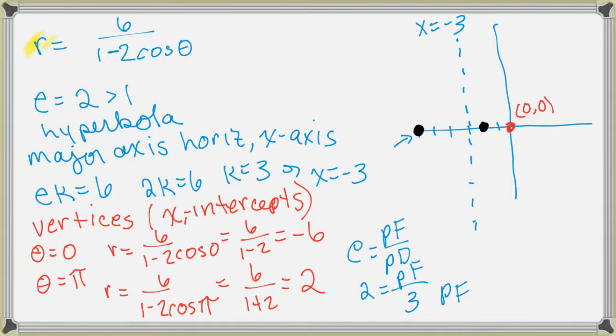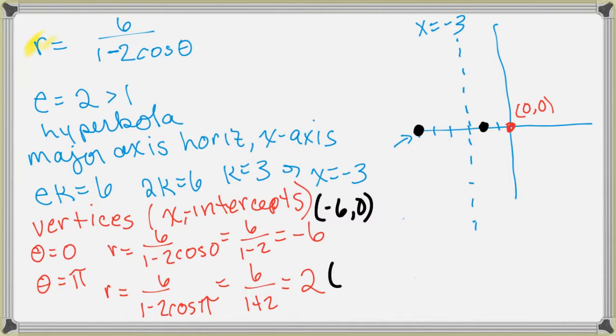So that means that to the focus, he's going to be 6. So he is 1, 2, 3, 4, 5, 6 away. The same thing would have happened if you'd used the other point, but I can figure out where the focus is because I know he's 6 away from that vertex. So we just found the x-intercepts. They are -6, 0, and 2 pi.